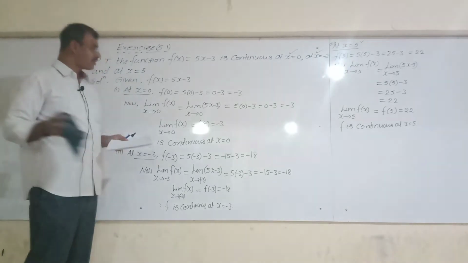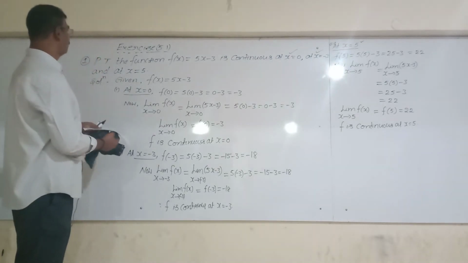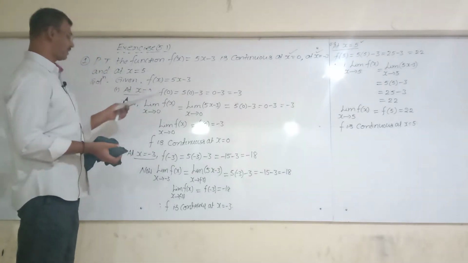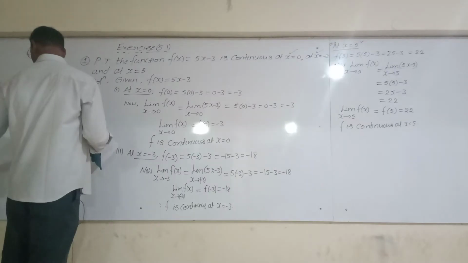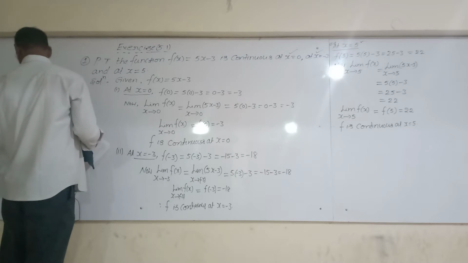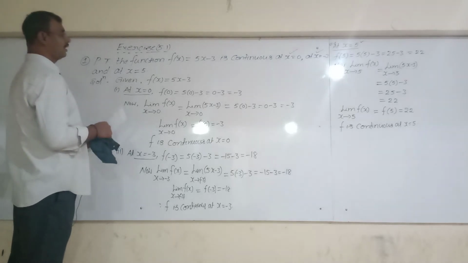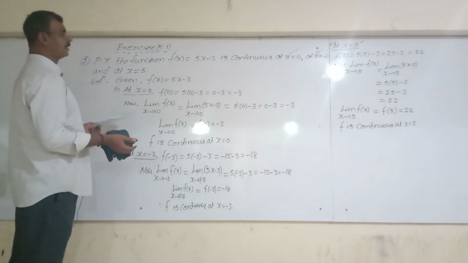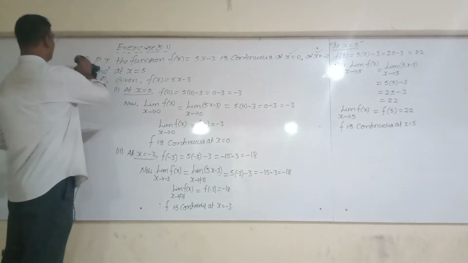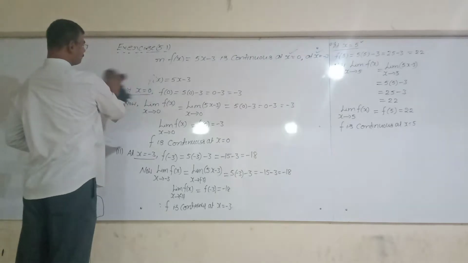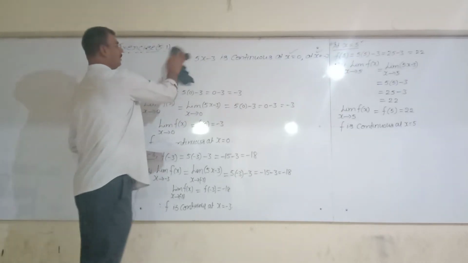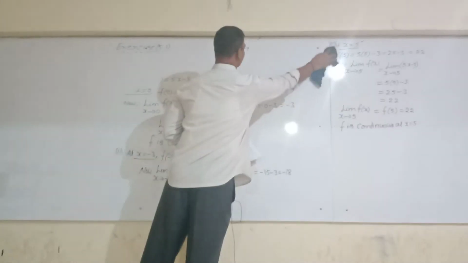Prove that the function f of x is continuous at x equal to 5, at x equal to 0, at x equal to -3. Now I will go to the second problem.